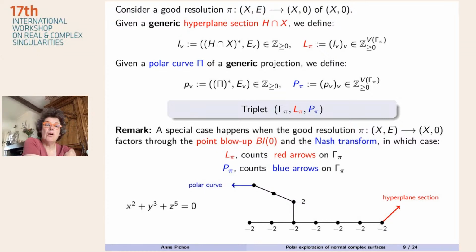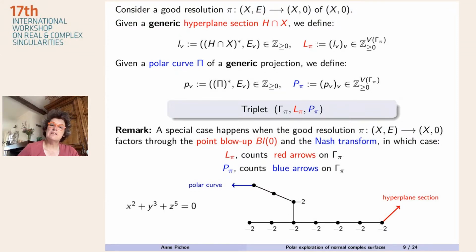Now consider one generic hyperplane section, H intersection X, and for any curve EV, irreducible component of E, you consider the intersection between the strict transform of H intersection X and EV. And then you obtain an integer that you call small l_V.